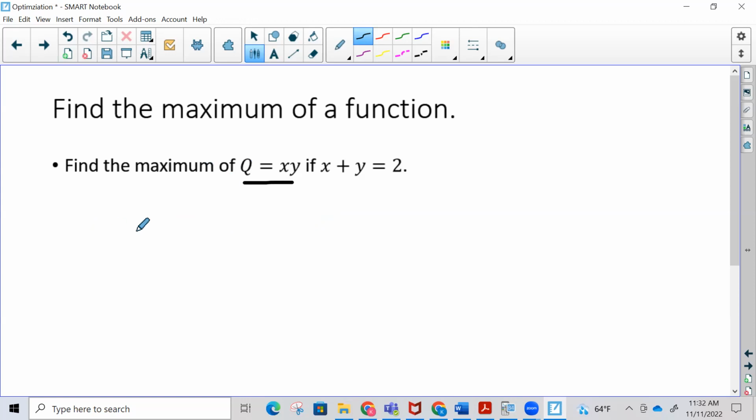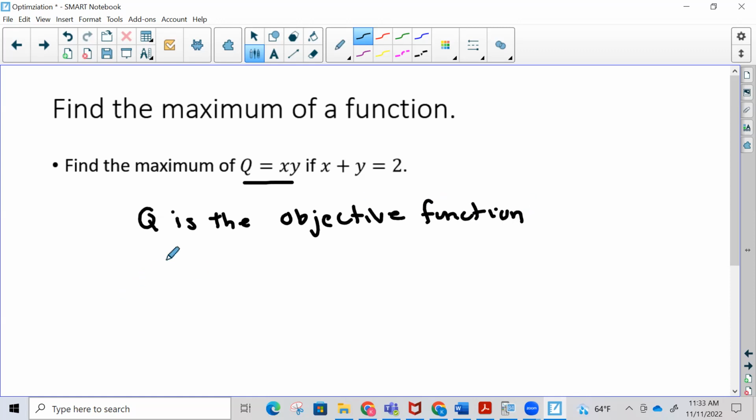So if I want to maximize Q, Q is called the objective function. That's whatever I'm trying to maximize or minimize. And then the other function, this X plus Y equals 2, is called the constraint. So it's another equation that has to be true in this problem.